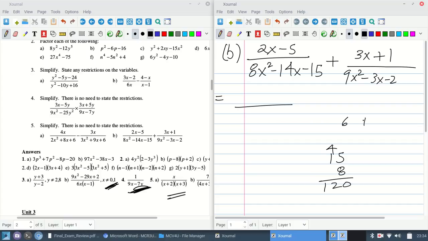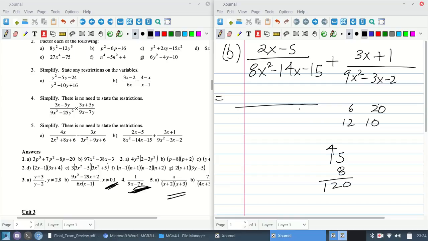Nope, what am I saying? 12 and 10 multiply to 120, right? What about 6 and 20? 6 and 20. That looks good. Okay, so it's 6 and 20.